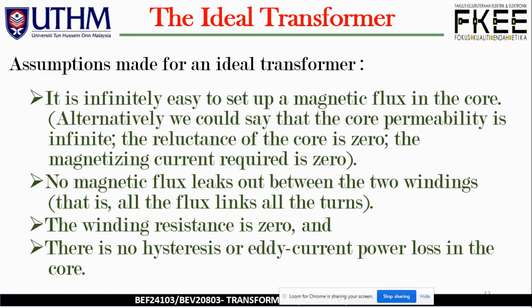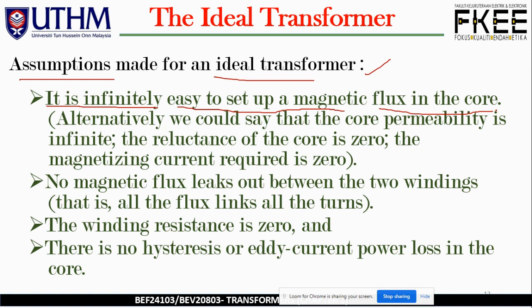So now we come to the ideal transformer. Some assumptions we can make in order to create an ideal transformer. What are the considerations we should take into account? First, it is infinitely easy to set up a magnetic flux in the core.